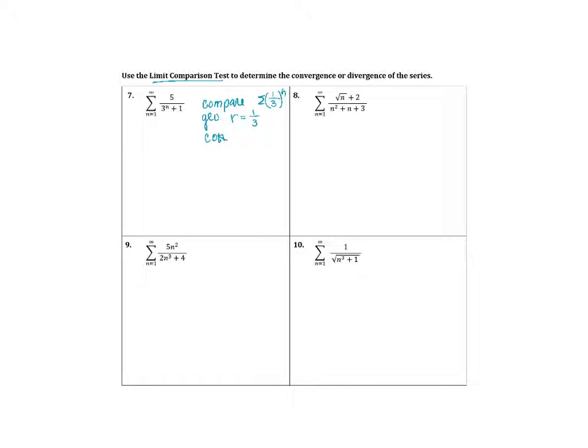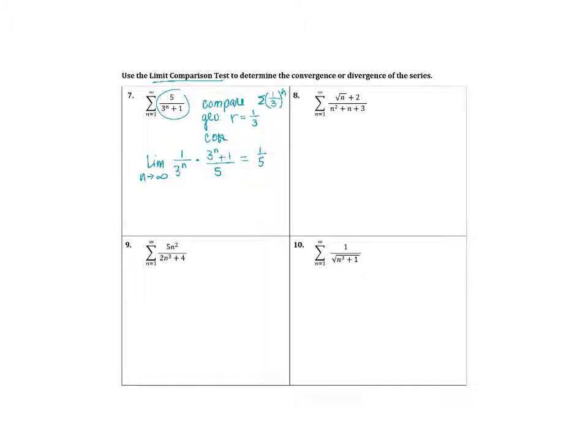So we'll do the limit as n approaches infinity. And let's take what we're comparing it to, which is going to be 1 over 3 to the n. And that is divided by our term here, but I'm going to multiply by the reciprocal, 3 to the n plus 1 over 5. And so as we approach infinity here, notice that we are going to end up with a 1/5 as all of those n's shoot off toward infinity.